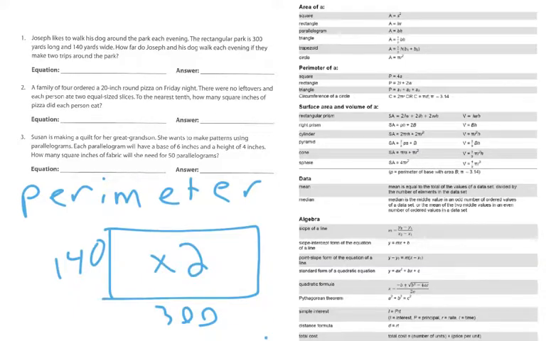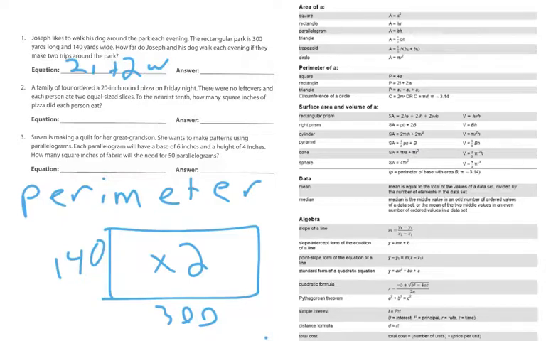So what's our equation? Our equation for the perimeter is 2L plus 2W. So 2 times length plus 2 times the width, or we can just add all the sides together. So I'm going to add 140 plus 140 plus 300 plus 300. And when I do that, I get 880.